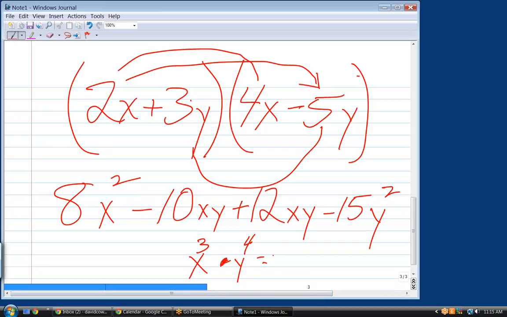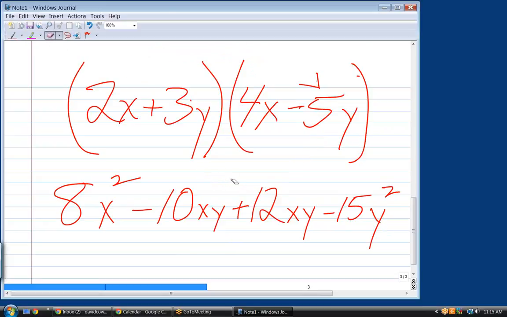I don't have the same base. So my answer is just the same thing as I started with: x cubed y to the fourth, without the multiplication sign. Multiplying is implied as long as those letters are next to one another. So, we're not quite done here yet. The last step after foiling these two things is to combine like terms.